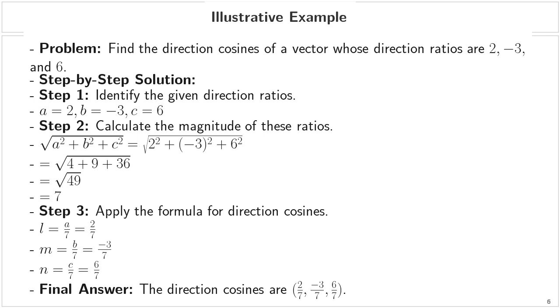Therefore, our final answer is that the direction cosines are 2 over 7, -3 over 7, and 6 over 7. Notice how the direction cosines are all within the range of -1 to 1, just as we expected from our earlier discussion. Now, let's quickly summarize the key takeaways from this entire lesson.